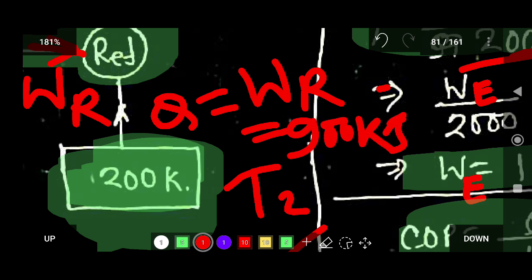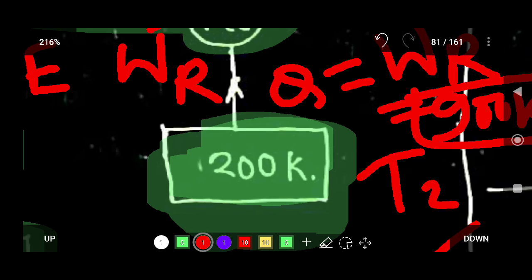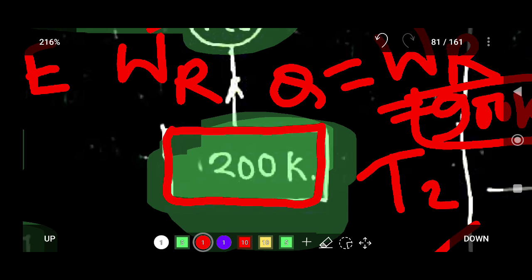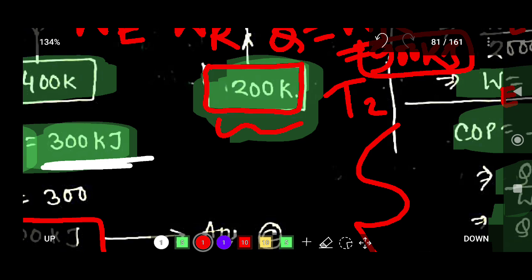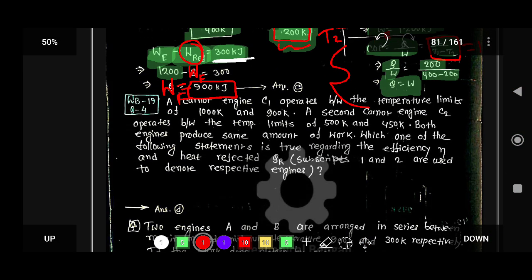This is the extra. If you want to calculate the amount of heat which is absorbed from the 200 Kelvin temperature, this is basically storage space. Okay, now focus on another question.